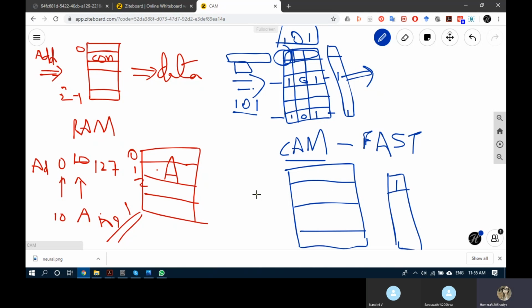So if you get an input A to be written in the content addressable memory CAM or associative memory, you check in the tag whichever location you find first which is free, you just store A in that location. You don't have any address. That is write operation.